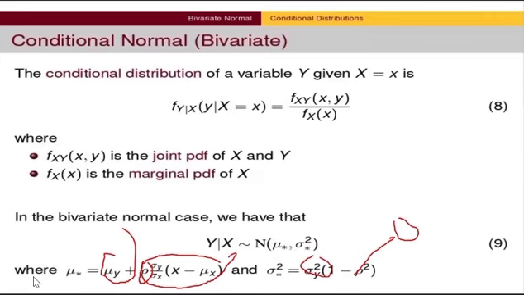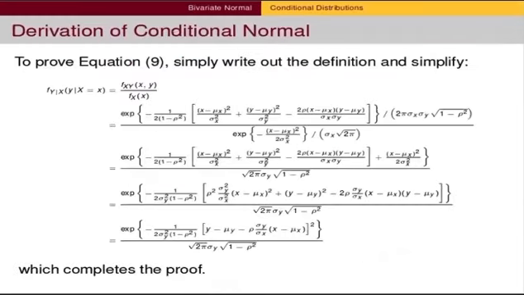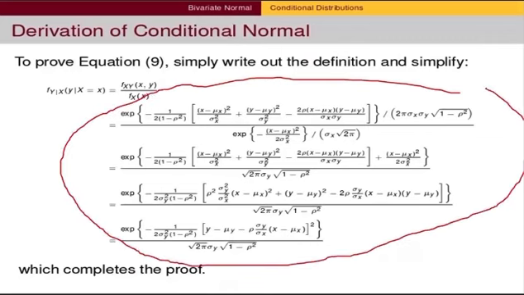So I want to derive this, given that I know my f of x, y to be a bivariate normal, and I know f of s to be univariate normal. That's what I'm doing here. You don't need that. I'm just trying to show you that's what we're doing there.